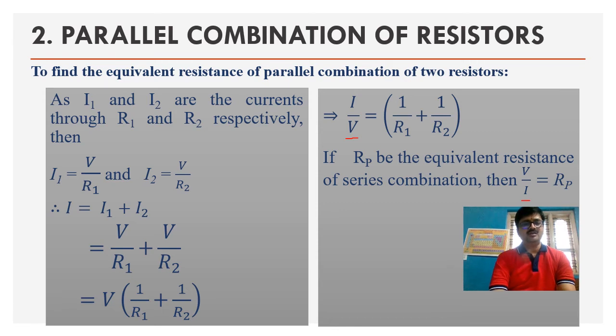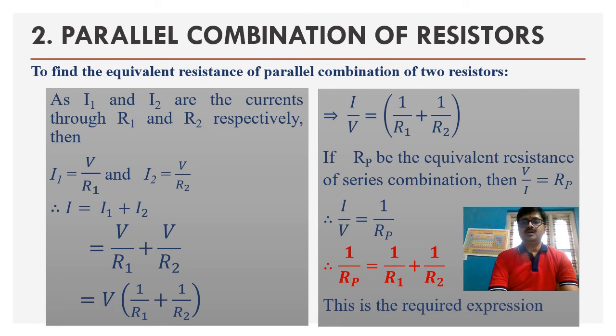So we can go to the next step and write: therefore I by V is equal to 1 by RP. So accordingly, 1 by RP is equal to 1 by R1 plus 1 by R2. So this is the expression that we are looking for. I hope this particular derivation is clear.